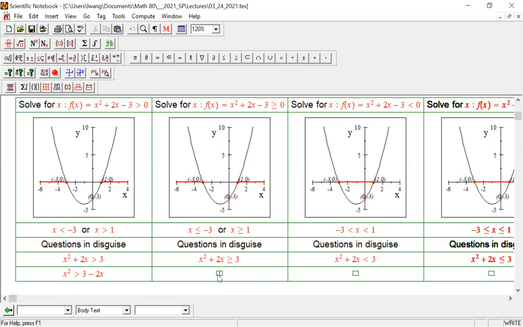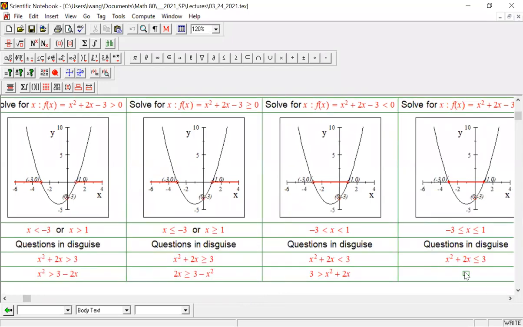And I could have 2x greater than or equal to 3 minus x squared. Could I do that? Of course. And for this one, I can even write it as 3 larger than x squared plus 2x. You guys see that? These are all different ways you can manipulate the same question to make it look different, but it's really a question you can transform into something we are familiar with.